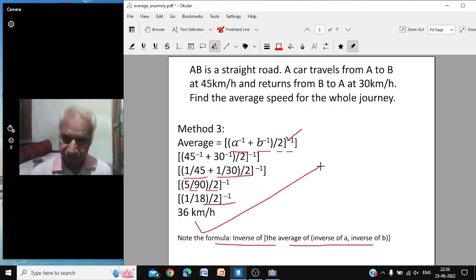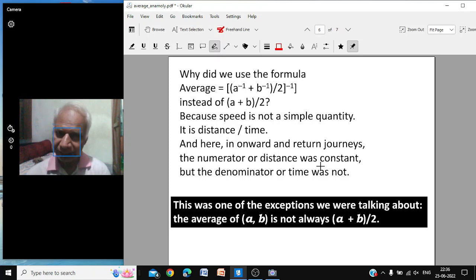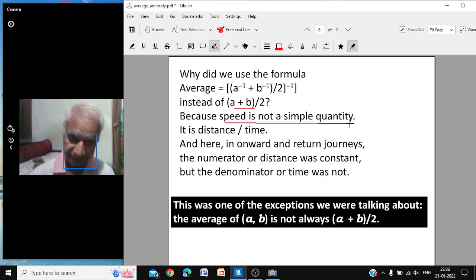And now, looking at the formula, we can say why we did the inverse. Why did we use the formula A inverse plus B inverse, then find the average and again take the inverse? Why not directly A plus B by 2? Speed is not a simple or fundamental quantity.